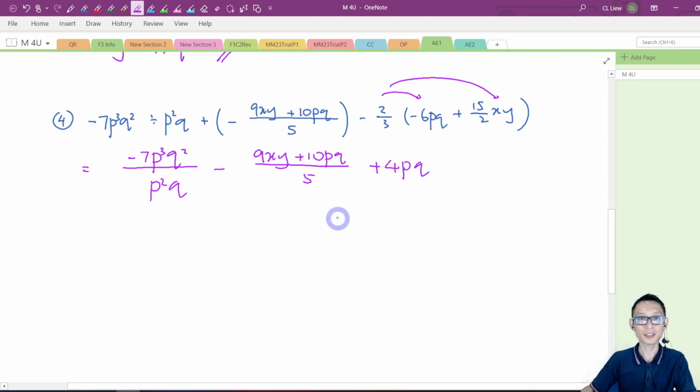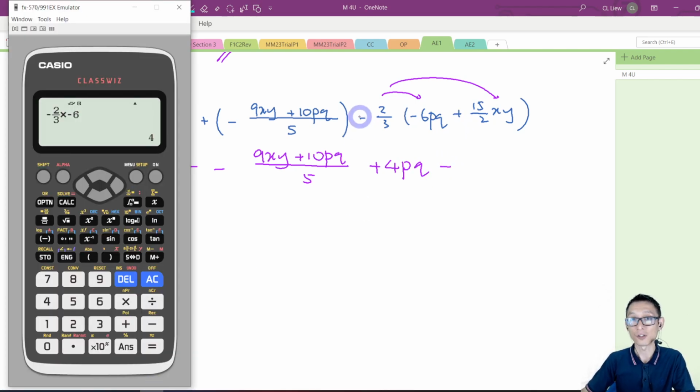Okay. Now negative, positive, you will get negative. Since I already consider the sign negative, positive, you get negative, so now when I key in the calculator, I don't have to key in the negative sign. I just key in 2 over 3 times 15 over 2. But if you worry you will start to get confused, then don't do this way.